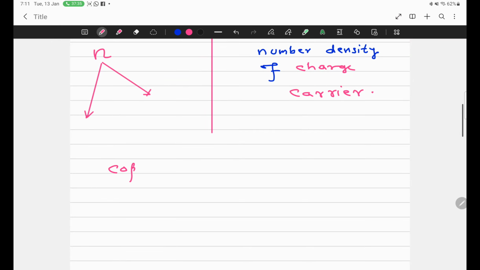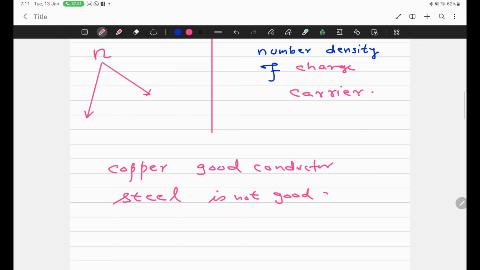You know, copper is a good conductor. Steel is a conductor, but it is not as good as copper. Steel is not a good conductor, although it is a conductor.